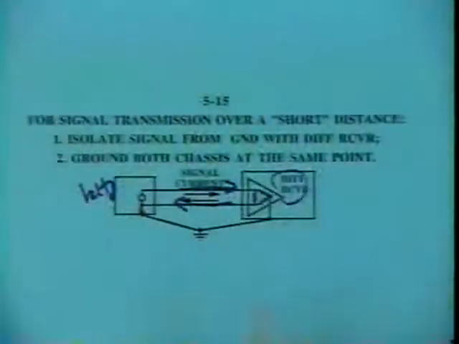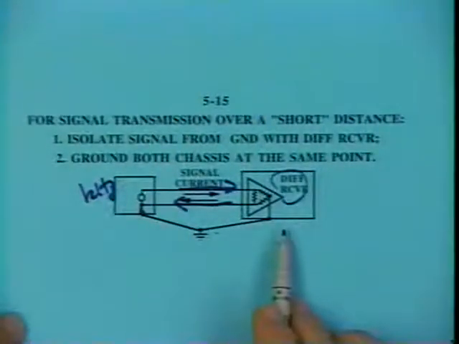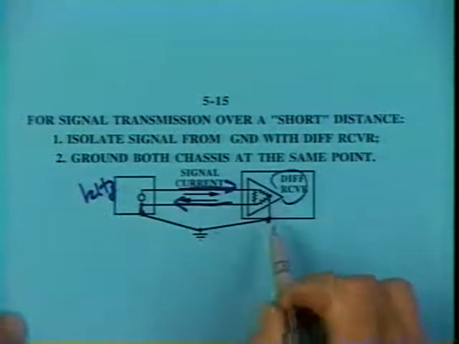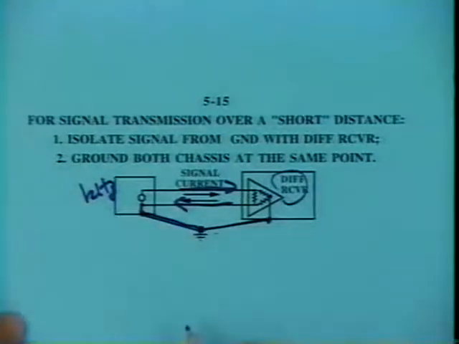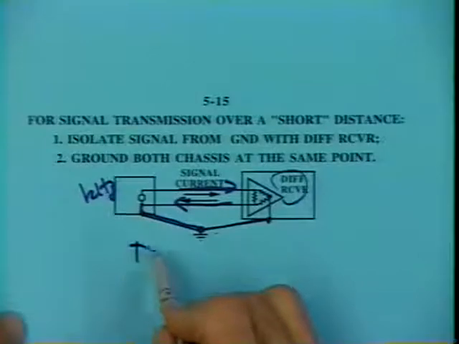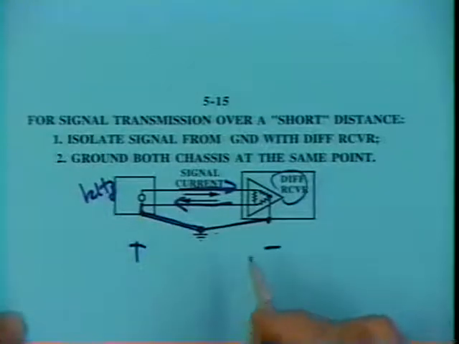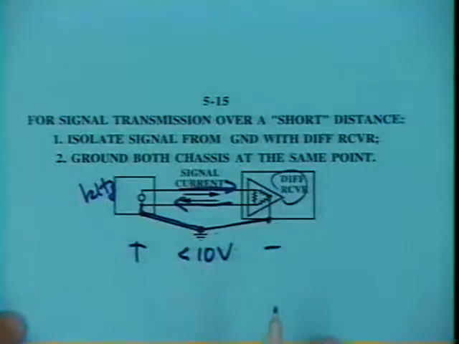Well, if we're only running a short distance, probably we can do that by just tying both chassis, again, back to a single point safety ground. That'll mean that the voltage between the two chassis, in most cases, under normal operating conditions for sure, is going to be less than 10 volts. But you could say, yeah, well, what about when lightning hits the building?